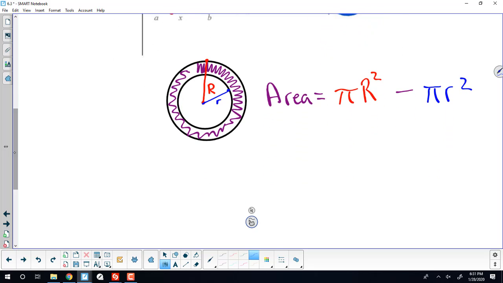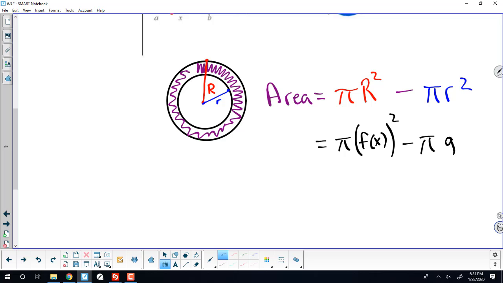That's where we get our formula: pi times your outer radius squared minus pi times your inner radius squared. And that's going to give us our area function for integrating. Does that make sense? So it's each individual one squared times pi, not the whole thing squared.